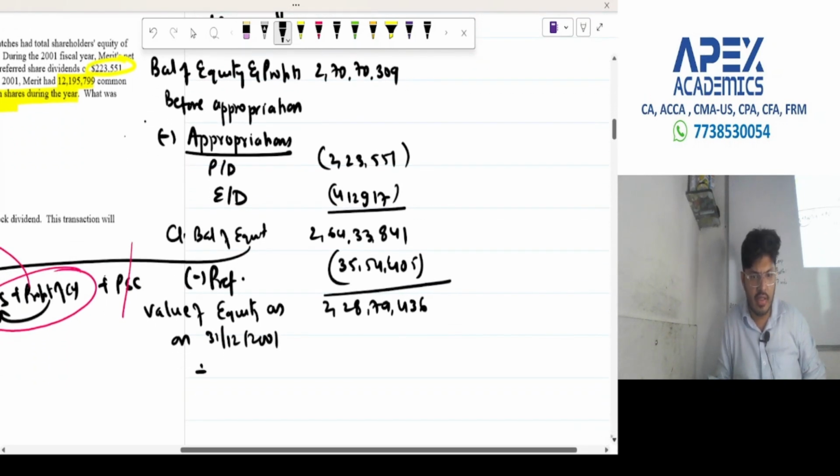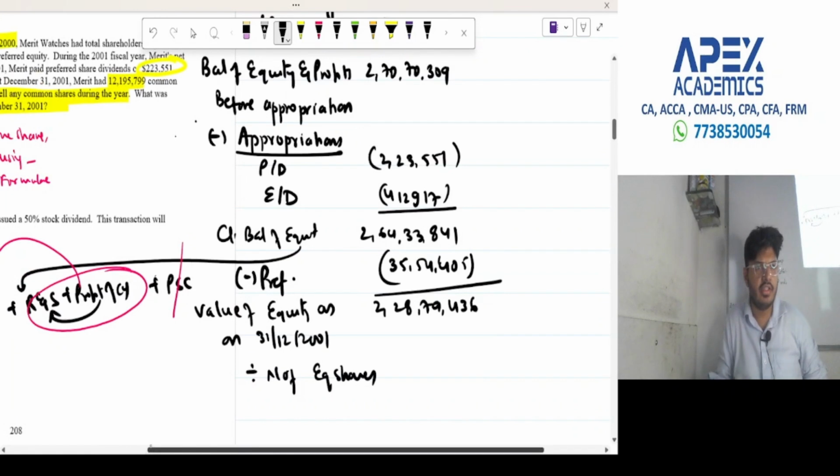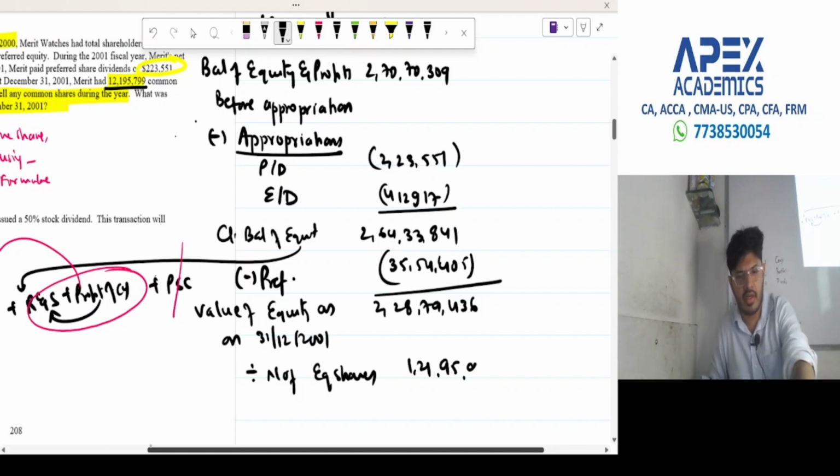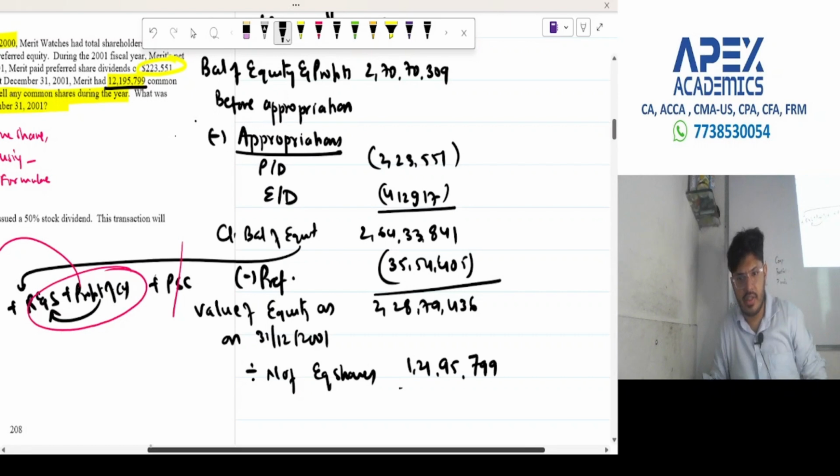To this, I will divide this by the number of equity shares. I have 1 crore 21 lakh 95,799 equity shares. What am I left with?